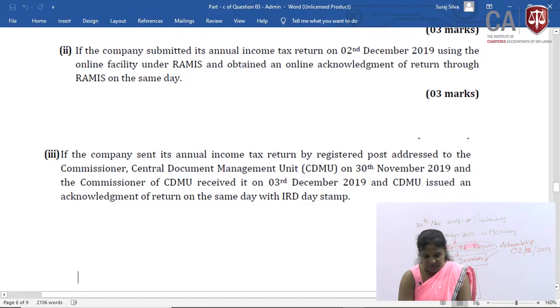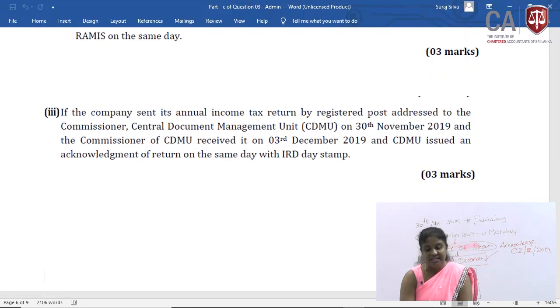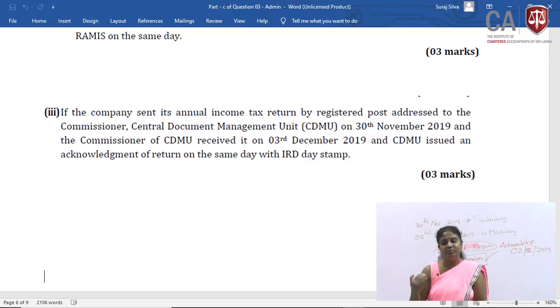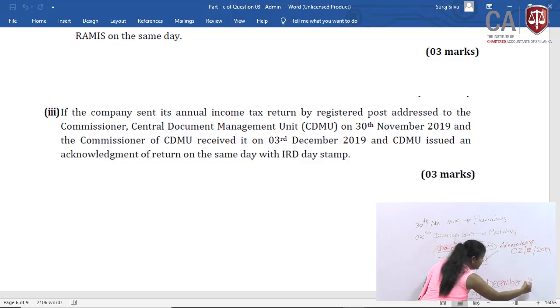Roman 3 of the question: if the company sent its annual income tax return by registered post, addressed to the Commissioner, Central Document Management Unit, that is CDMU, on 30th November 2019, and the CDMU received it on 3rd December. This is the date they received the return, 3rd December 2019.